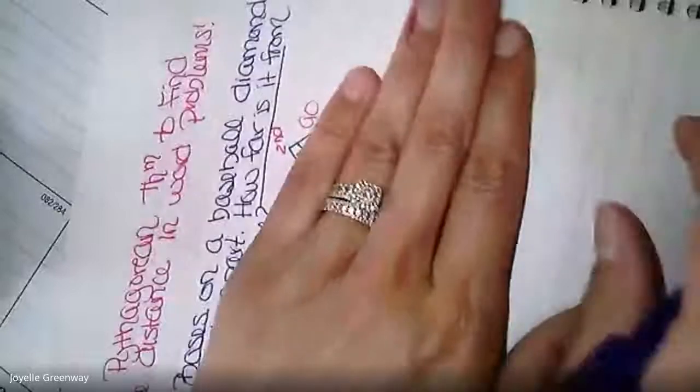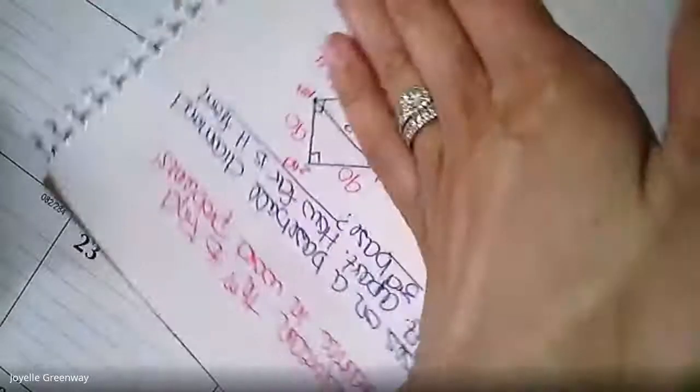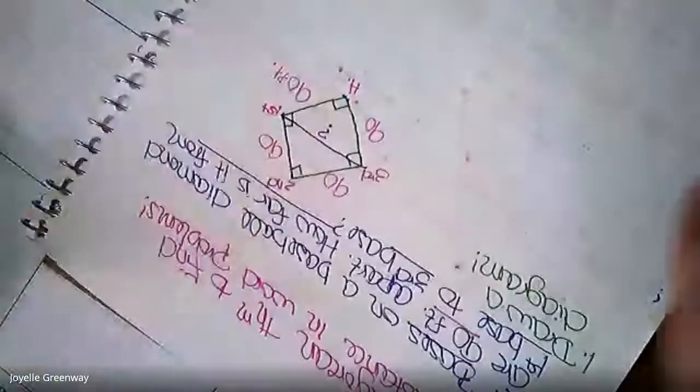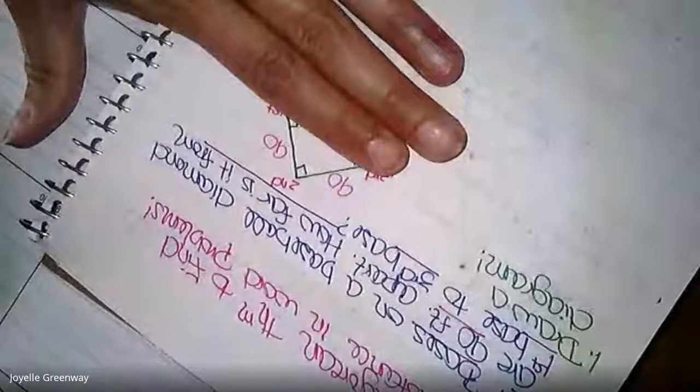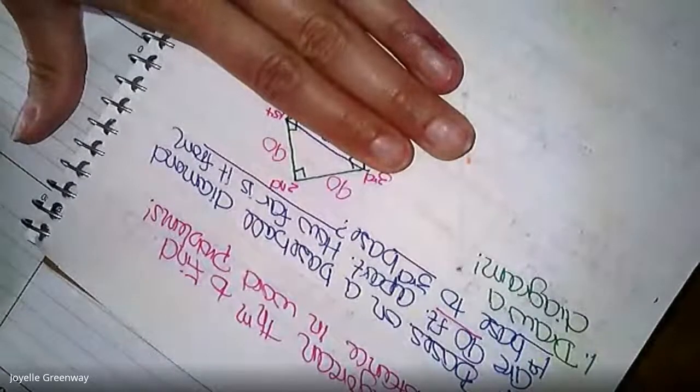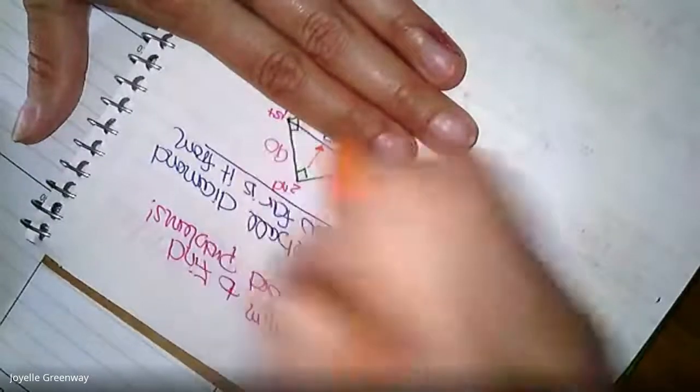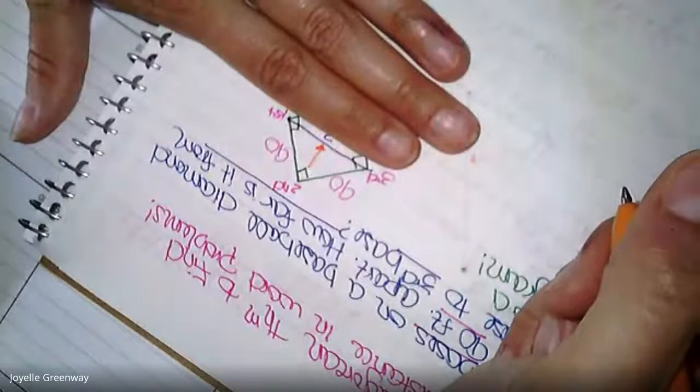And if I turn it, so it looks more like what we've been working with, this side or this distance here is across from your right angle.